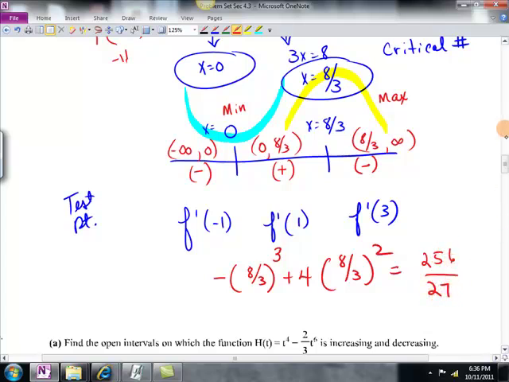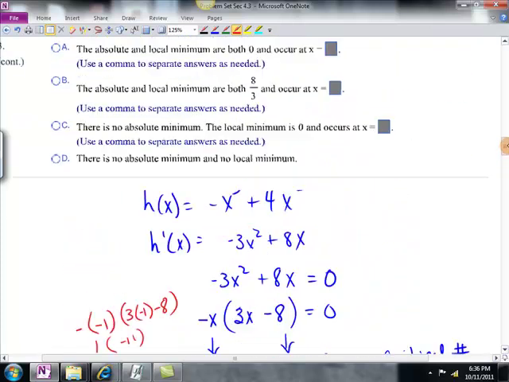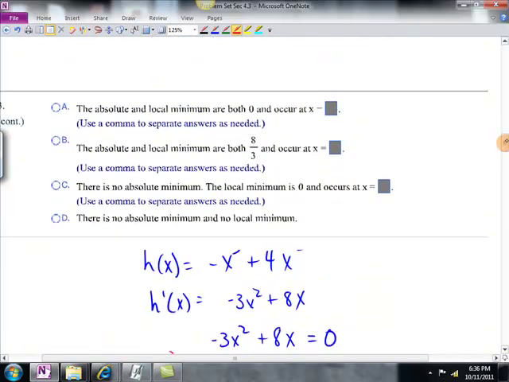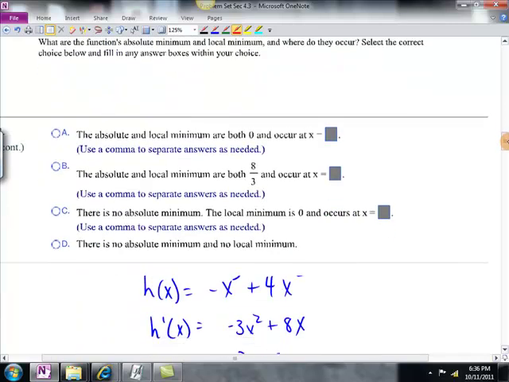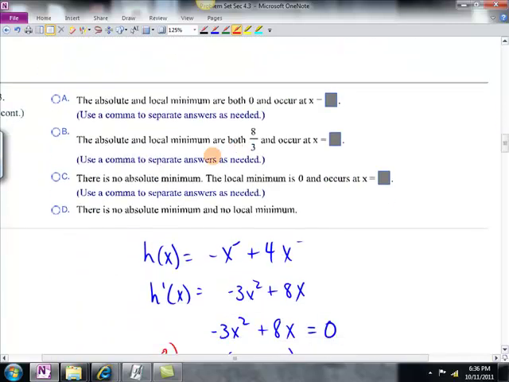Did it convert on the calculator? Okay, perfect. So this is the y value, and it occurs at x equals 8/3. And then this part is about the min.